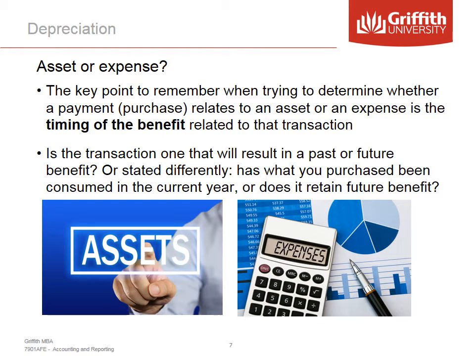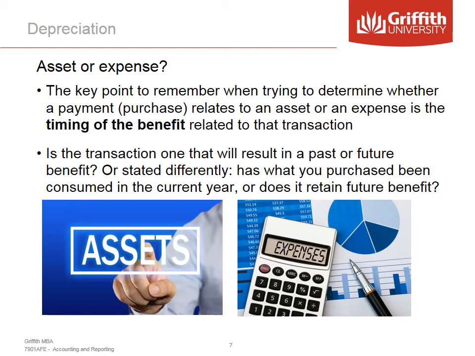Recall again that the definition of an asset includes a statement that there is future economic benefit for the organisation. So if you have consumed an expense and paid for that expense, then there is no future benefit for the organisation, and so we treat it as an expense and it shows up on the income statement.